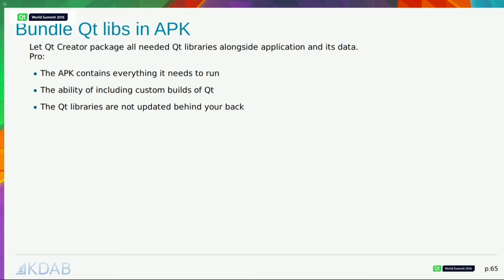Ministro sometimes updates Qt libraries; it has never happened until now, but for instance when we go from 5.6.1 to 5.6.2, it might happen that we break something and we also break your application. But by bundling Qt libraries in your application, you are sure that your application will use the libraries that you tested.